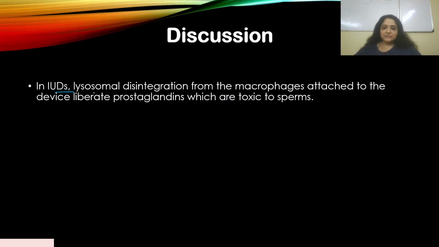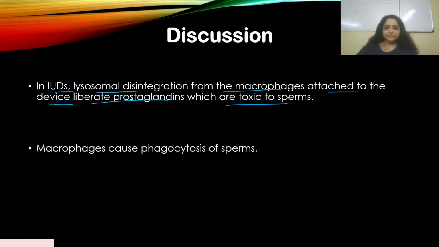In IUDs, lysosomal disintegration from the macrophages attached to the device liberates prostaglandins, which are toxic to sperms. So in these IUDs there is some lysosomal disintegration that takes place from the macrophages attached to the device, and these macrophages liberate prostaglandins, which are toxic to the sperms.